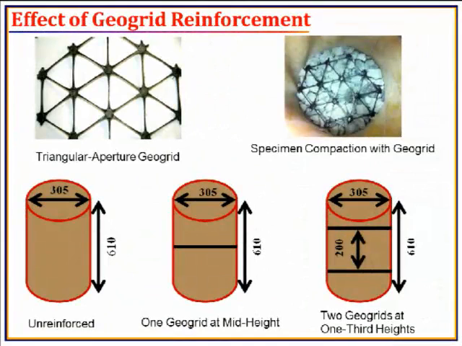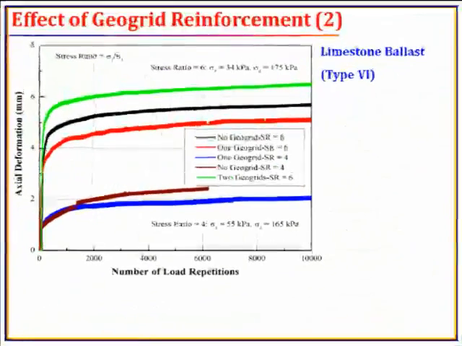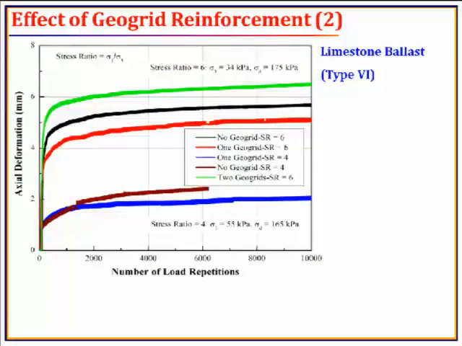We have also tested the permanent deformation trends of type 6 ballast with Geogrid, and we use Triaxial Geogrid that looks like this. And we have set up one Geogrid at mid height and two Geogrids at 1/3 heights. And these are the Geogrid results.